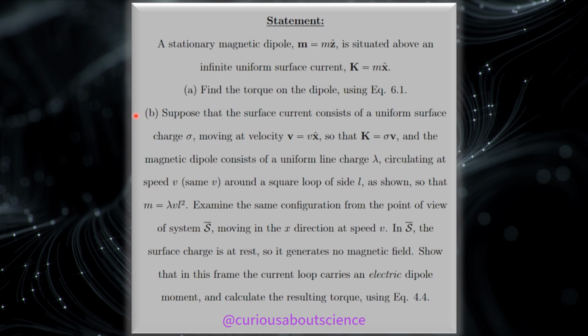Examine the same configuration from the point of view of system S bar moving in the x direction at speed v. In S bar, the surface charge is at rest, so this generates no magnetic field. Show that in the same frame, the current loop carries an electric dipole moment, and calculate the resulting torque using equation 4.4.